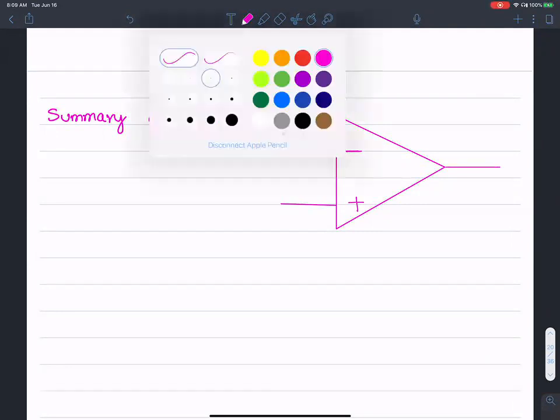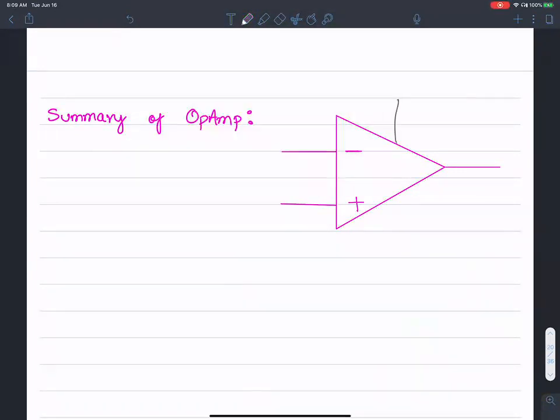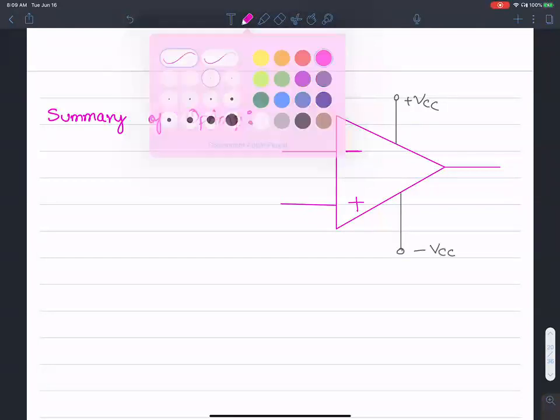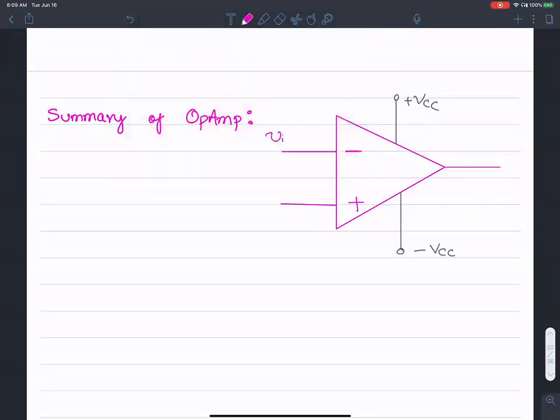There has to be a power supply, and also a negative power supply. So here is the V input positive, V input negative, and here is the V output.